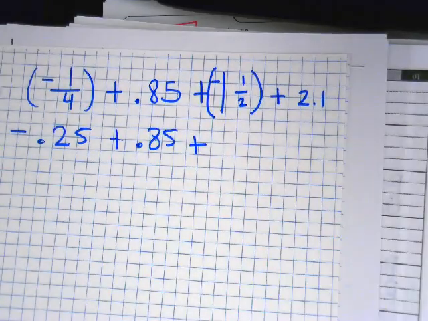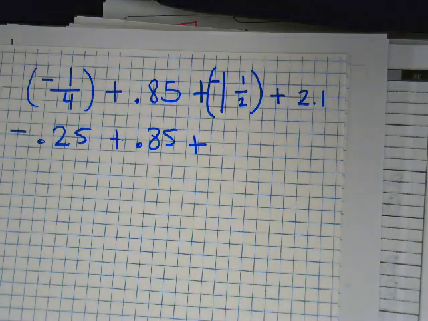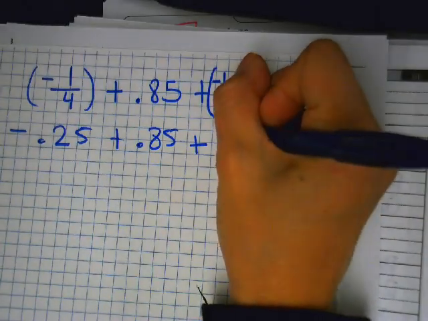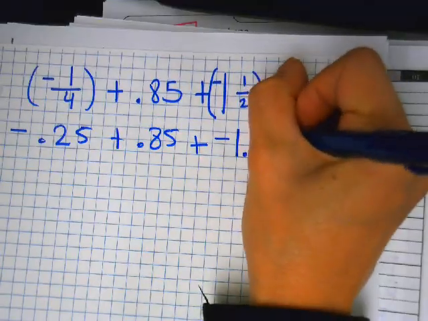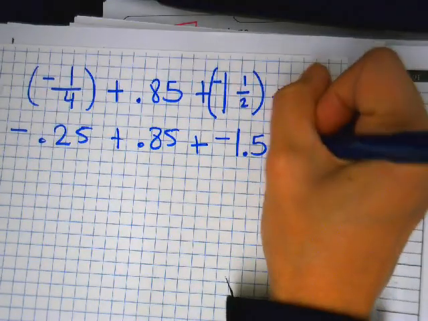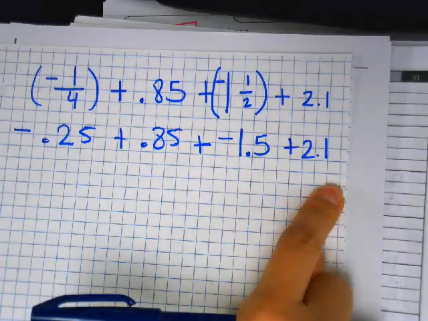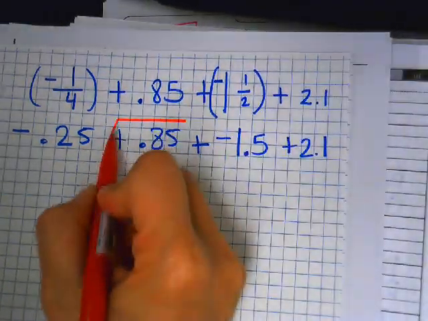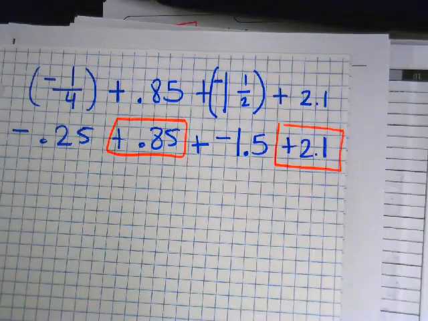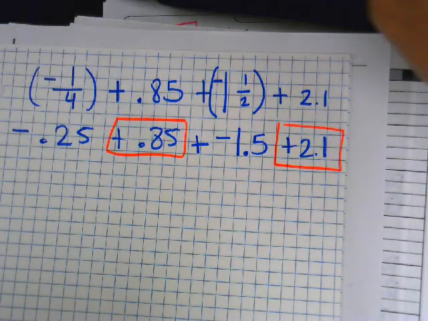What is the decimal of negative 1 1/2? Negative 1.50. So you keep the negative, 1.50 or 1.5, plus 2.1. So now they're all decimals. Now let's tackle them that way. Line up your decimals.